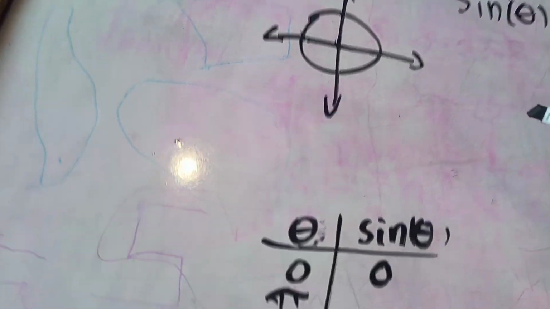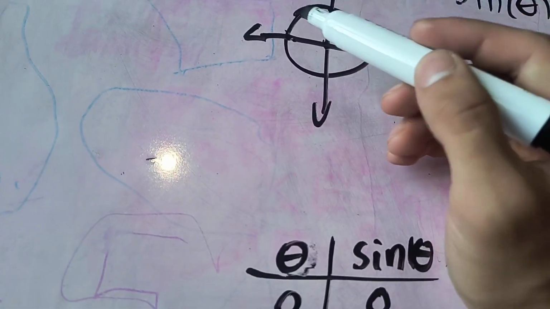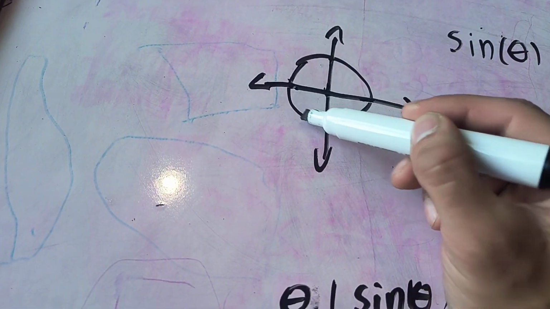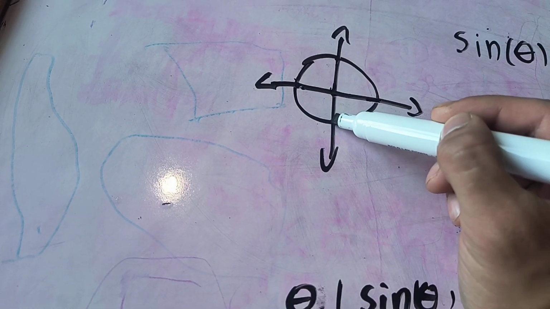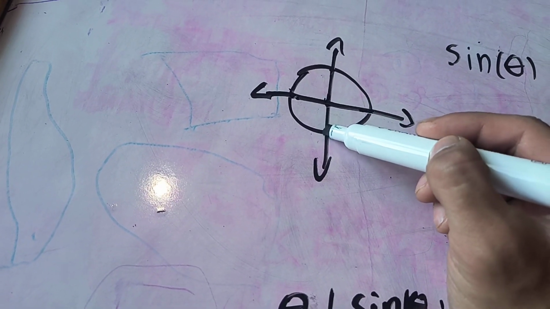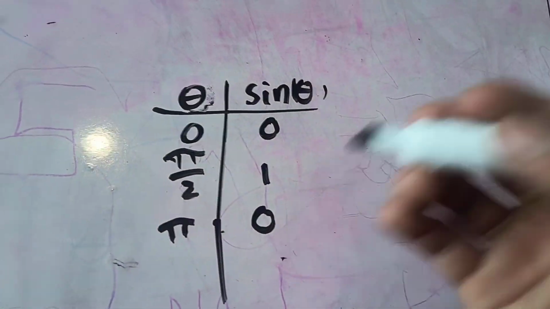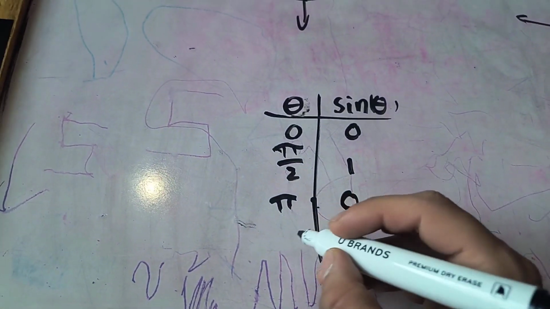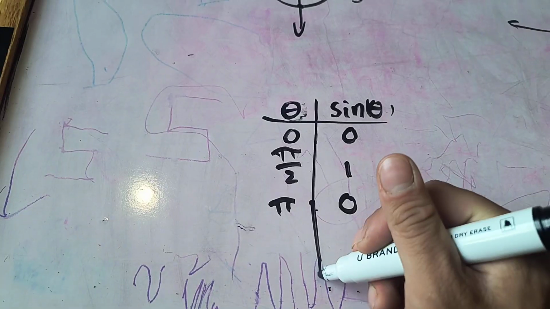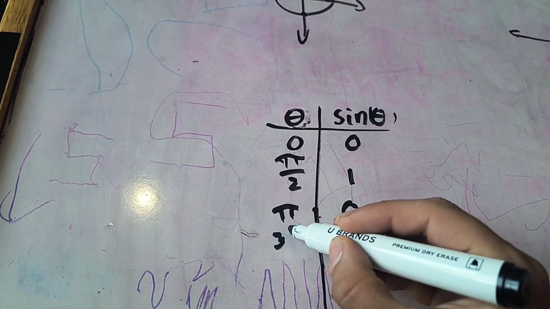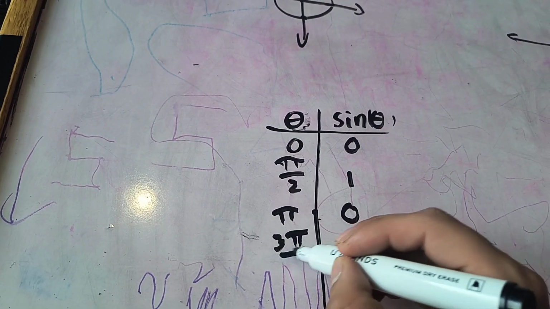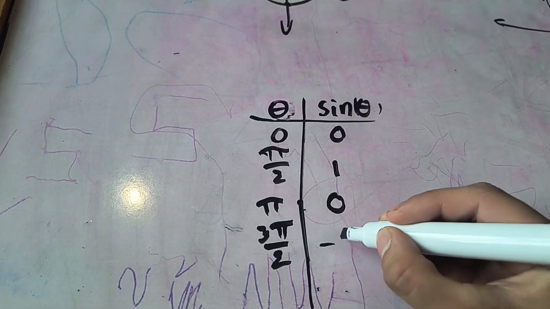Now what about 3 pi over 2, which is 270 degrees? It'll be right here. The intersection point on the y-axis with this will be -1, because it's a unit circle, which has a radius of just 1. So sine of 3 pi over 2 is equal to -1.